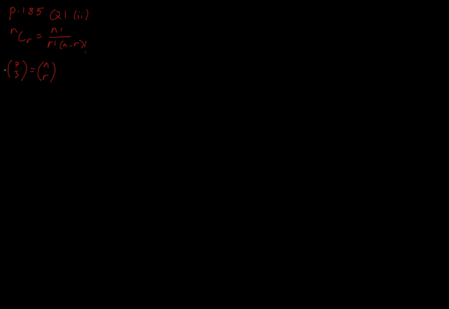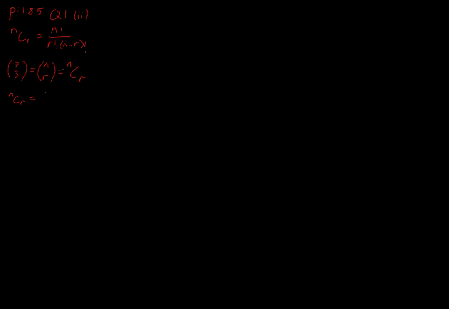This is one of the ways of writing choose or combination, and in general it's n objects choose r of them. The other way you will see this written, as I've written it up here, is nCr. And we already came across very similar notation for permutations, where we would have had nPr.